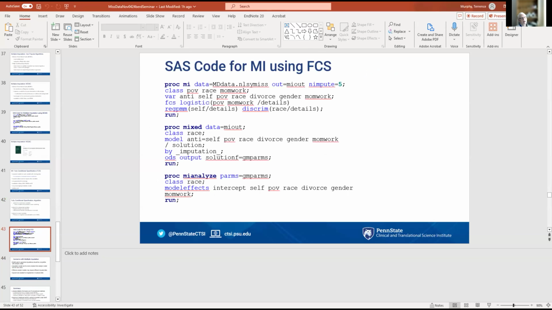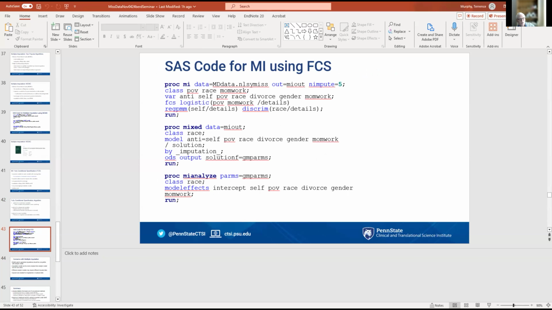And here's the SAS code for the FCS approach. Notice you have a line of code that says FCS, and you're saying for these two categorical variables, I'm going to model each of these as a logistic binary outcome. And for self-efficacy, I'm going to model that using regression based on predictive mean matching.